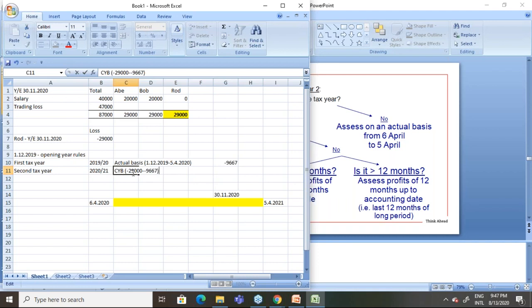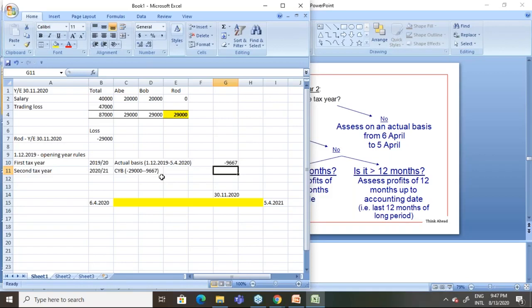You have a loss of 29,000 according to current year basis, but for the previous period, from that 29,000, you have already taken 9,667. You need to exclude that amount when calculating the loss relevant for the second tax year.